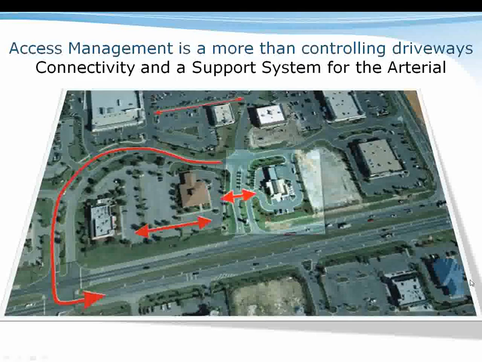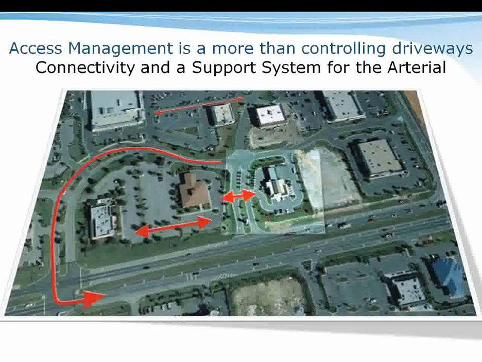In this instance, what we see is a small business which has a driveway serving it fairly directly, but you'll see that there is no ability for these customers to turn left in or left out. What the connectivity does is encourage the customers and employees of this shopping center to go to a signalized intersection where the left turns especially will be made safely.